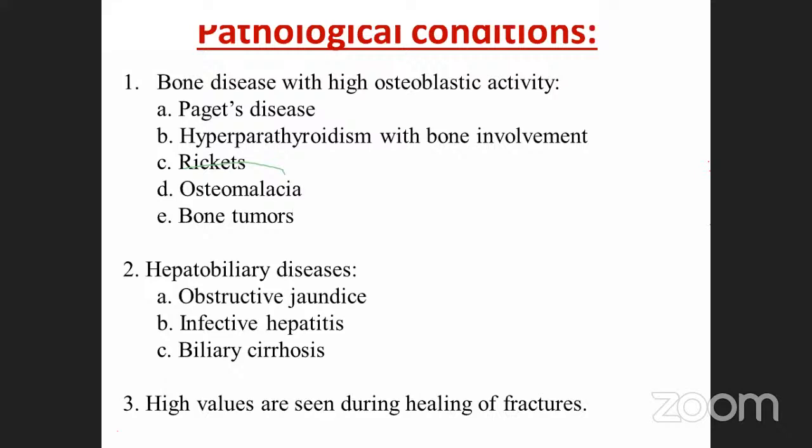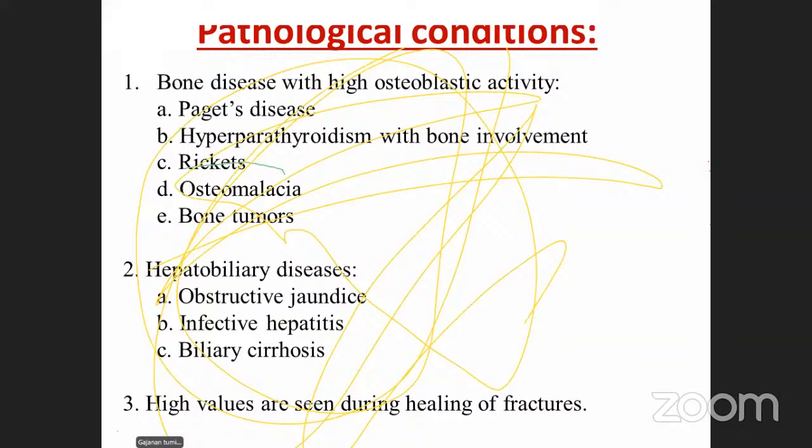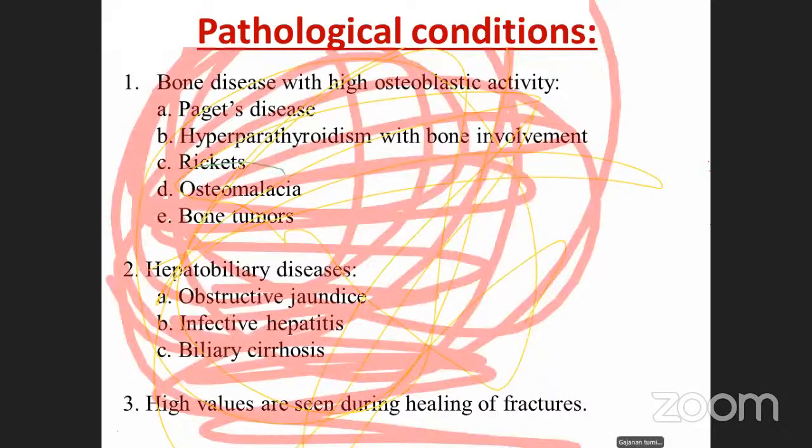Parathyroid hormone. What is the role of parathyroid hormone related to calcium? It acts at three sites: intestine, kidney, and bone. It increases intestinal absorption, it increases renal reabsorption, and it transports calcium from bone to serum.